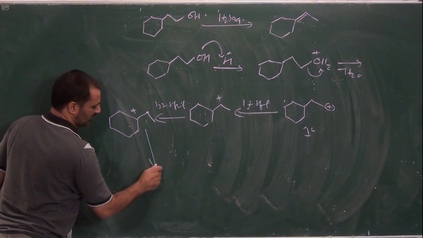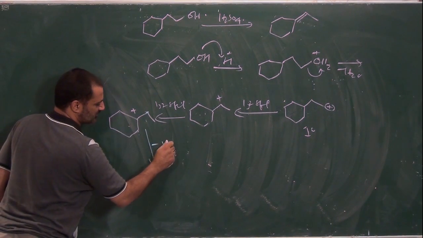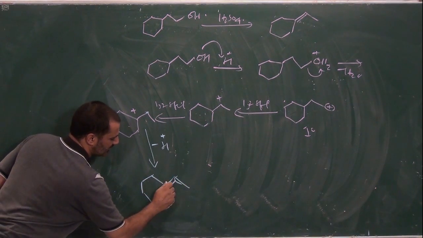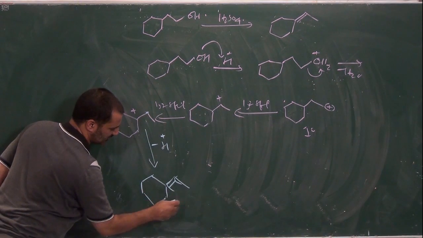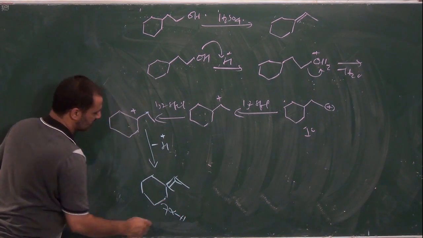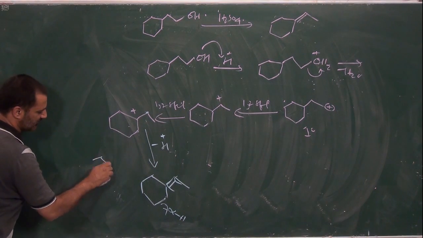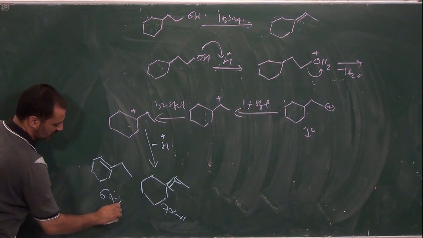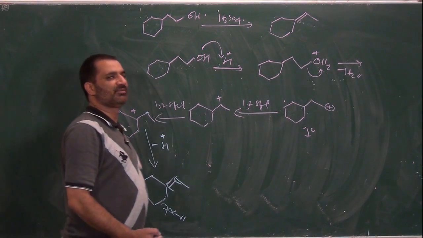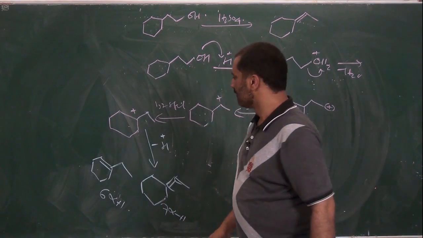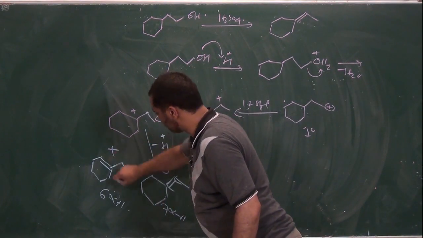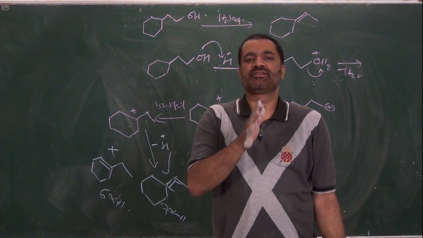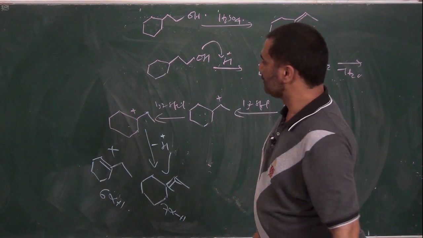It will be lost from this carbon because here the double bond between carbons 2 and 3 has 7 alpha hydrogens, whereas losing it from the other carbon gives only 6 alpha hydrogens. The number of alpha hydrogens is directly proportional to the stability of the alkene. So this will be the major product and the other the minor product, because we always take major products into consideration.